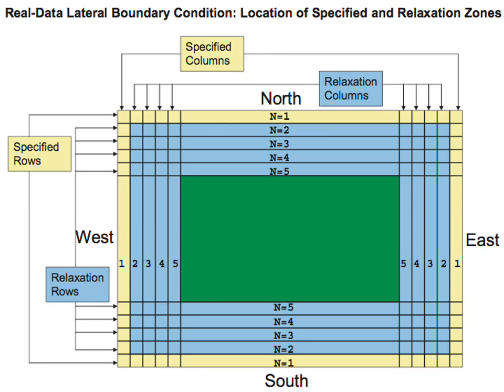A relaxation zone between the simulation that's going on and the large-scale forcing from the National Center model is depicted in blue, and the specified zone, which is strictly from the large-scale data, is depicted in yellow.